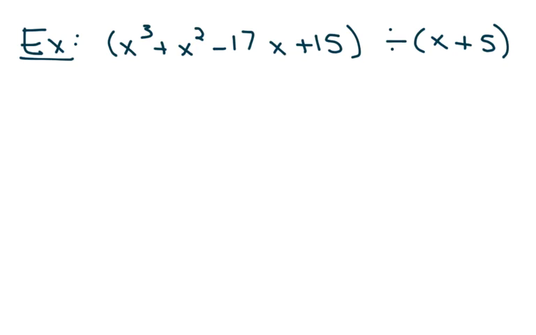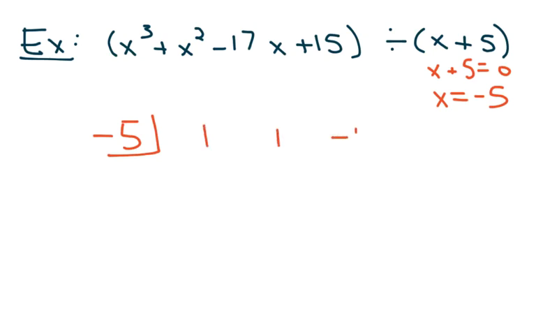So in this next problem, when I go to do my synthetic division, the first thing I'm going to do is set the divisor equal to 0 and solve for x. So -5 goes in my box. The dividend has no missing terms, so next to it is going to be 1, 1, -17, and 15.